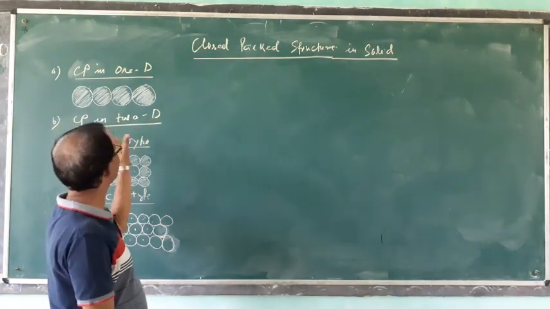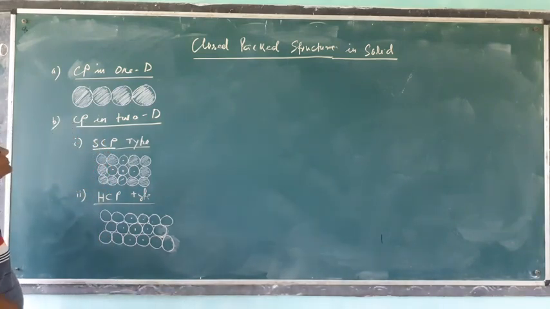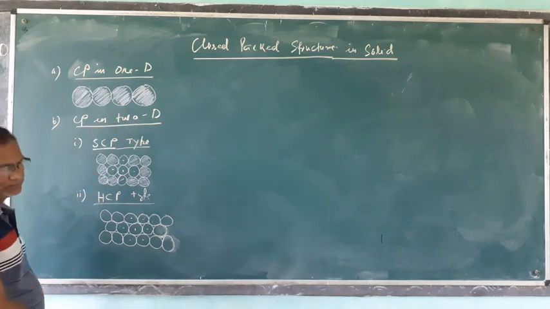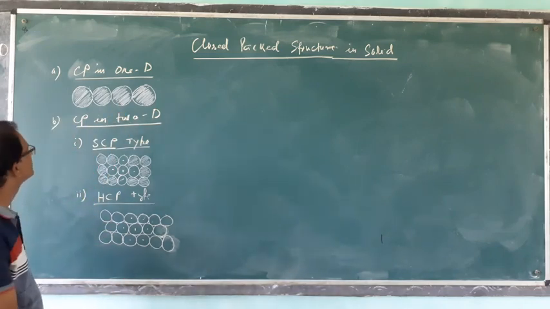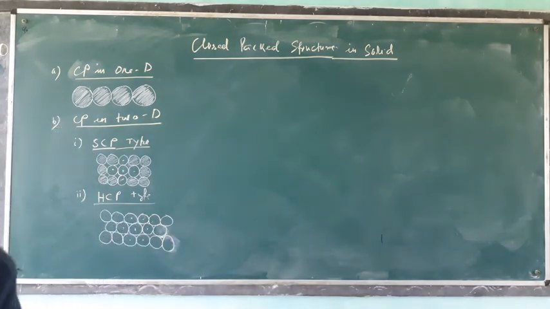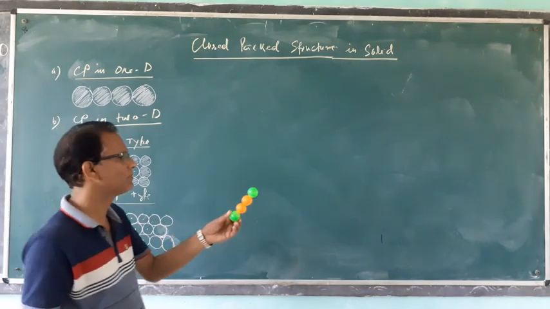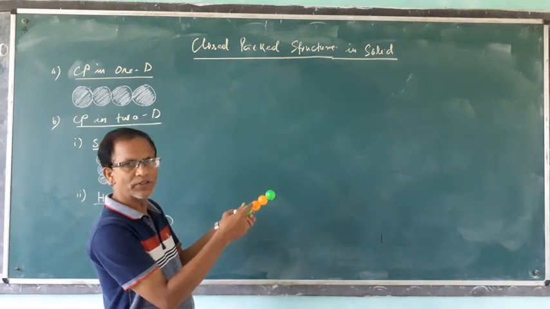it will be formed like this. When you place the spheres horizontally or vertically by touching one another, it will be formed like this. One sphere touching another sphere directly.